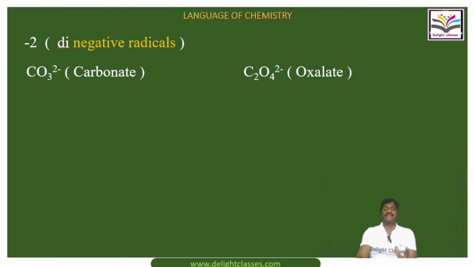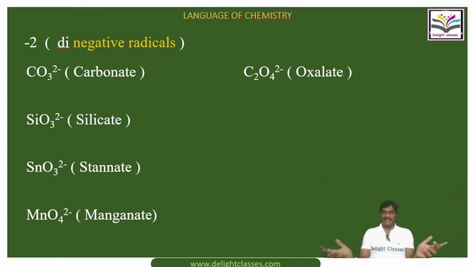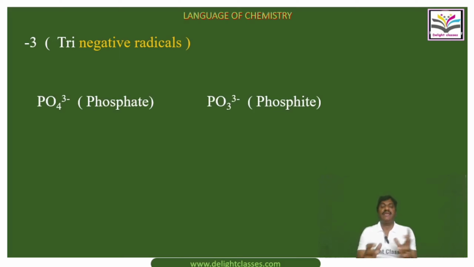CO3 2 minus, carbonate; C2O4 2 minus, oxalate; SiO3 2 minus, silicate; then SnO3 2 minus, stannate; MnO4 2 minus, manganate.